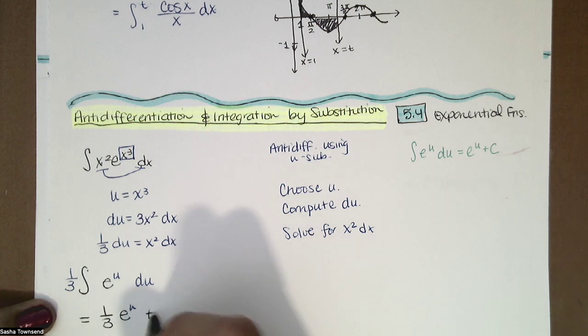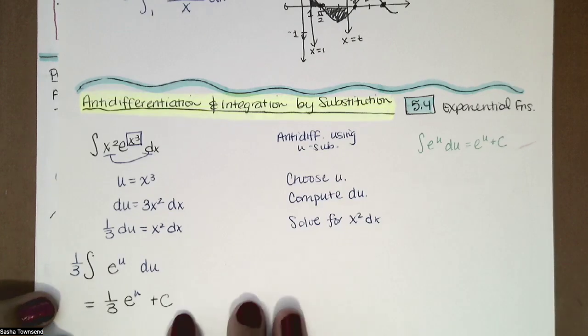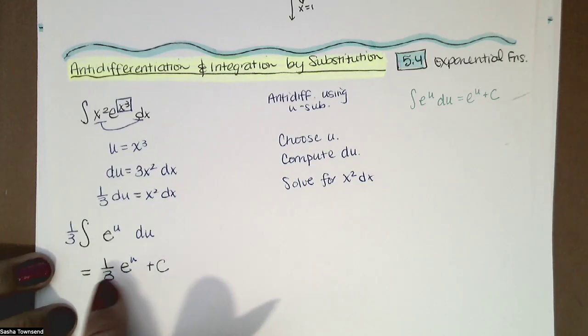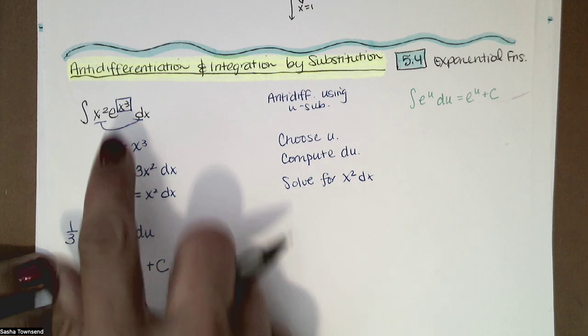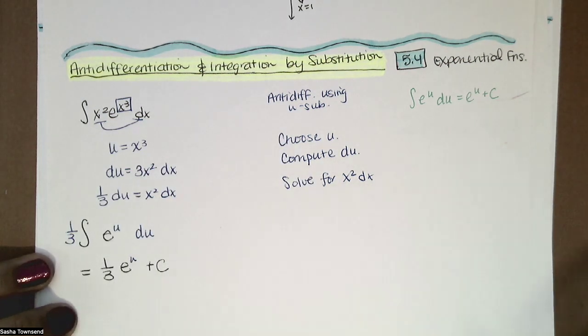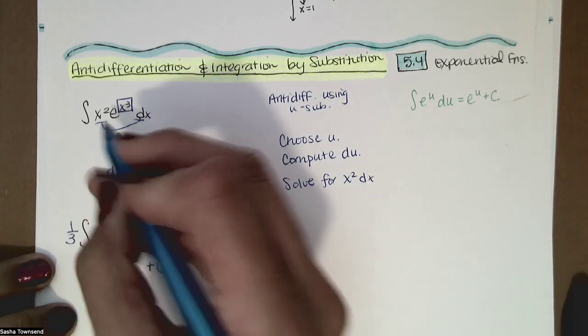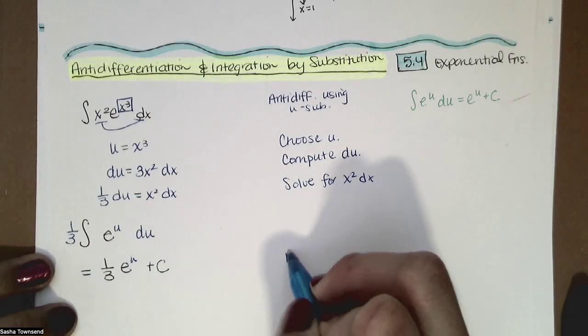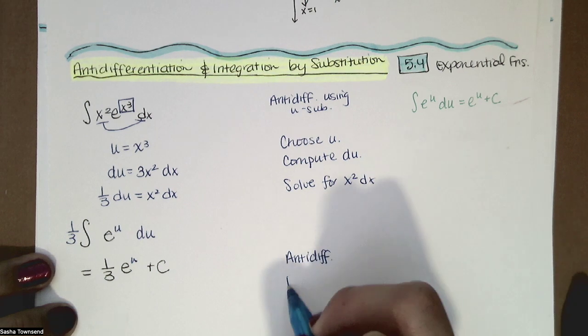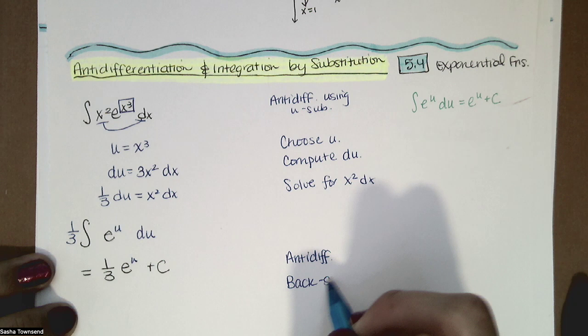So that is our antiderivative, but we're not finished until we back substitute. We need a function here that if we take its derivative, we get the original integrand back. So after we antidifferentiate, we substitute u equals x cubed into our final answer, and that will be our final answer. We call this back substituting.